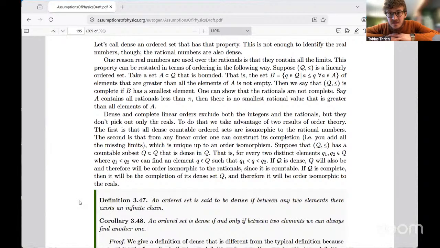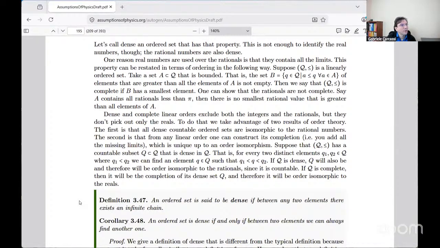Okay, if Q is complete, then it will be the completion of its dense set Q, and therefore it will be order isomorphic to the reals. That's basically Cantor's characterization of the real numbers.